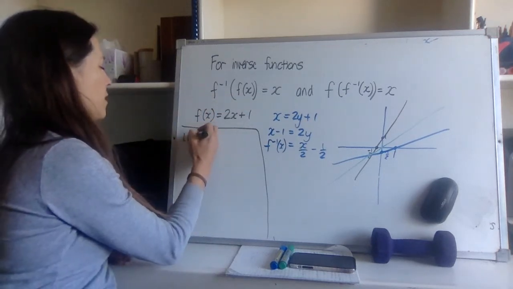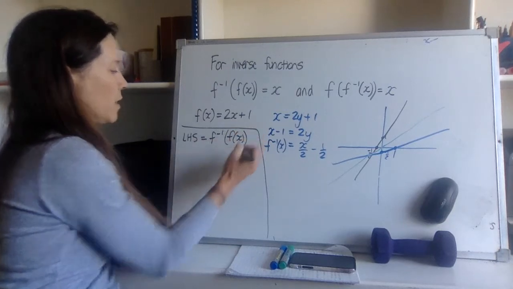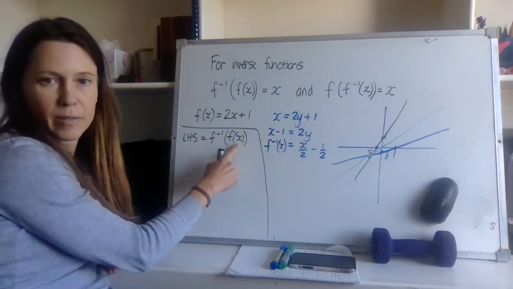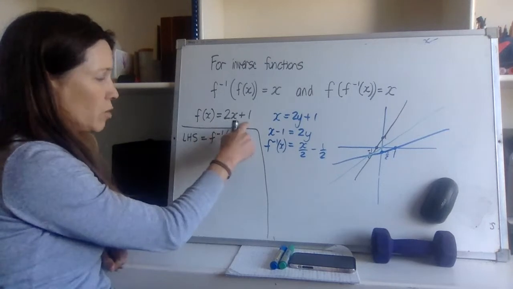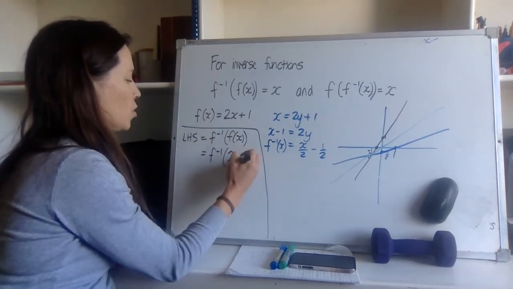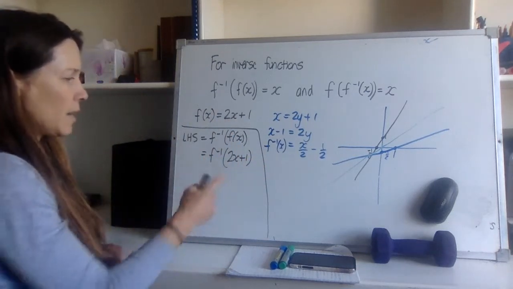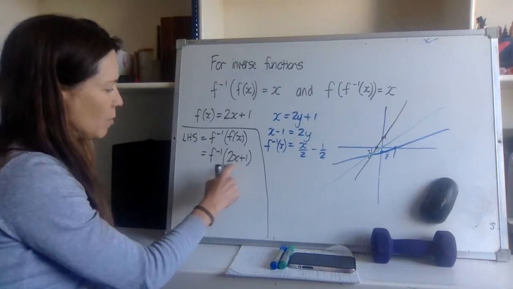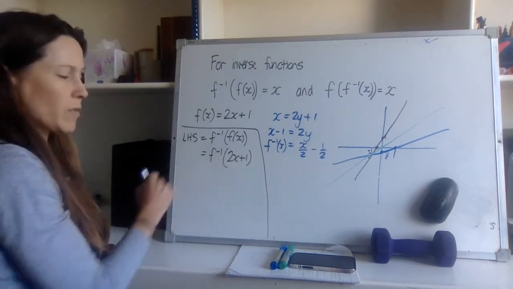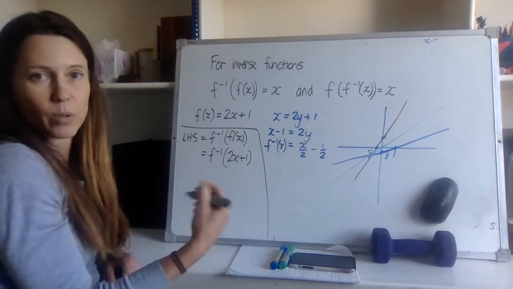Let's say the left-hand side is the inverse function of the function of x. And now let's start with these inner brackets. What's in there is just f of x, which is 2x plus 1. So we've got the inverse function of 2x plus 1, just replacing f of x for something it's equal to. Now what this really means is we need to sub 2x plus 1 into the inverse function. Wherever there's an x in it, we're going to write 2x plus 1.